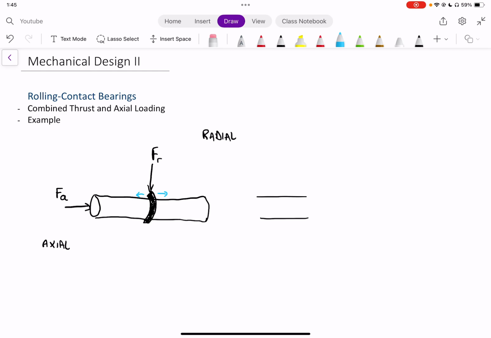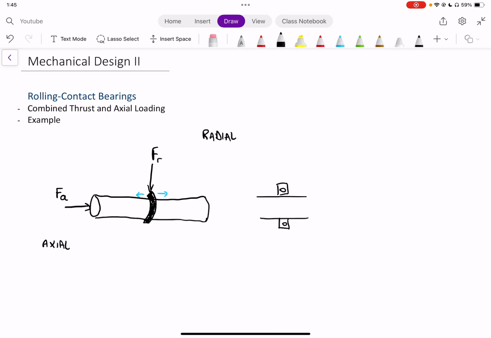If I draw a cross section of our bearing from the side, so let's say we have a cross section with the ball bearing or the roller bearing here, we would have both sides. I'm just cutting a cross section of the system where we have the bearing.